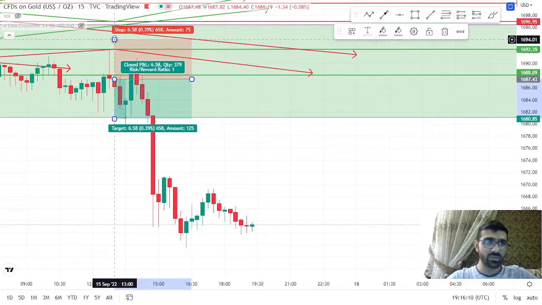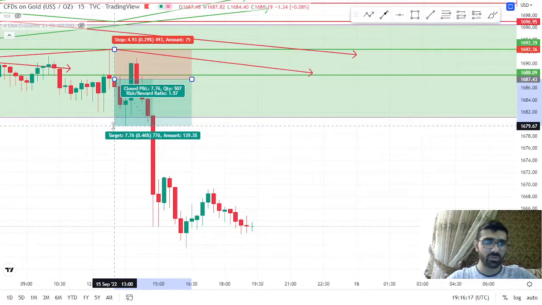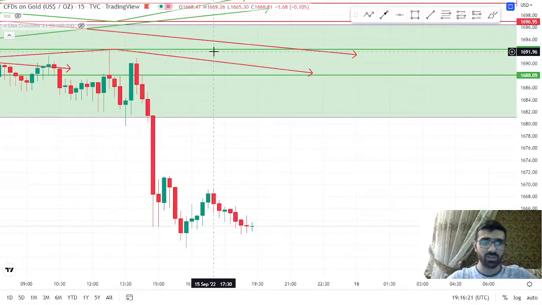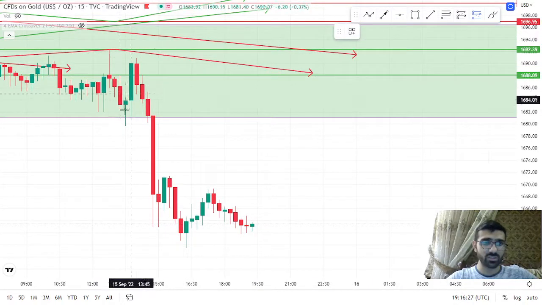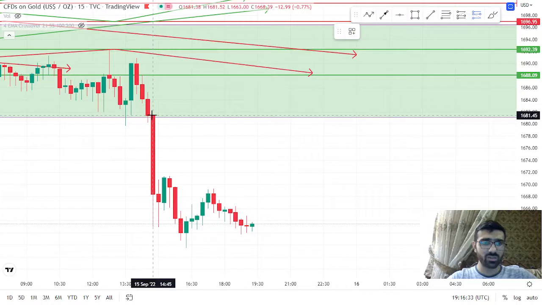If you had taken a trade in the 15 minutes, then still some profit would have come your way, approximately 1.5% as a minimum profit. And if you had continued to sell this pair further, you can clearly see that selling pressure was being created, and you could have shorted from here or even from here when it was a confirmation of selling.